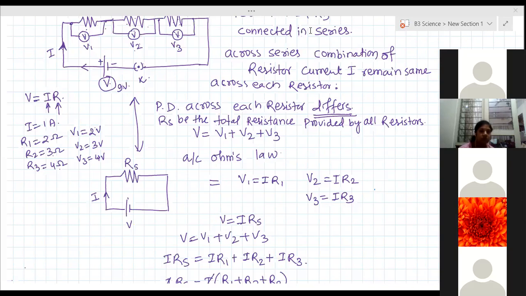Ma'am, in our housing, we have parallel connection. Yes, parallel, not series. In series combination, if you connect a switch, if you want to switch different devices, is it possible?